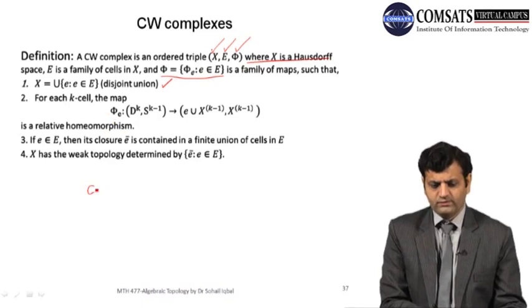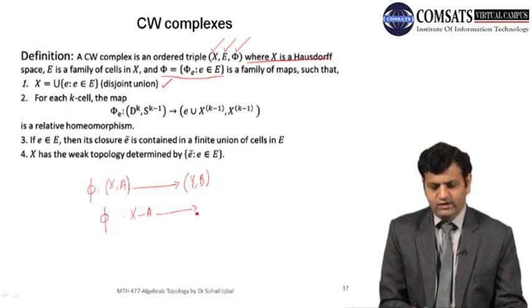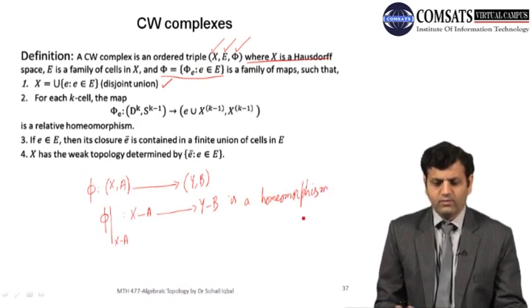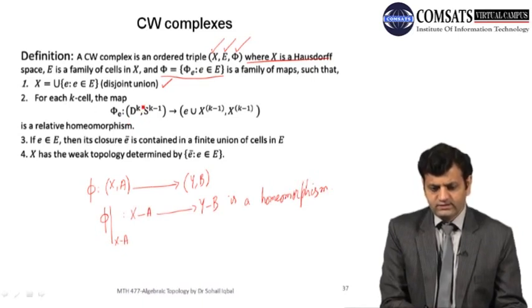For each k-cell the map is a relative homeomorphism. So what is a relative homeomorphism? A relative homeomorphism from, let's say, this pair to this pair is basically phi from X minus A to Y minus B, where phi restricted to X minus A is a homeomorphism. So that's what is meant by relative homeomorphism. It says to take S^(k-1) from D^k.